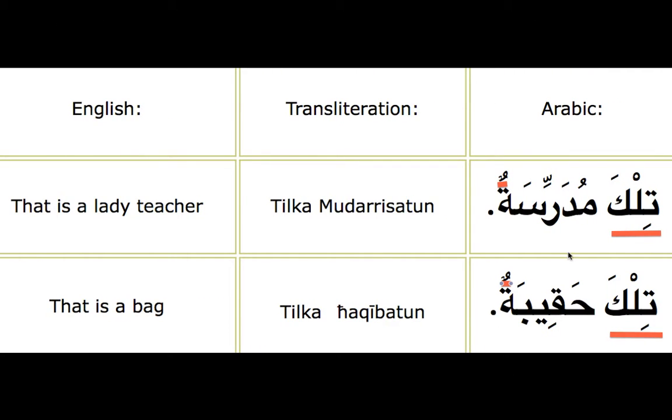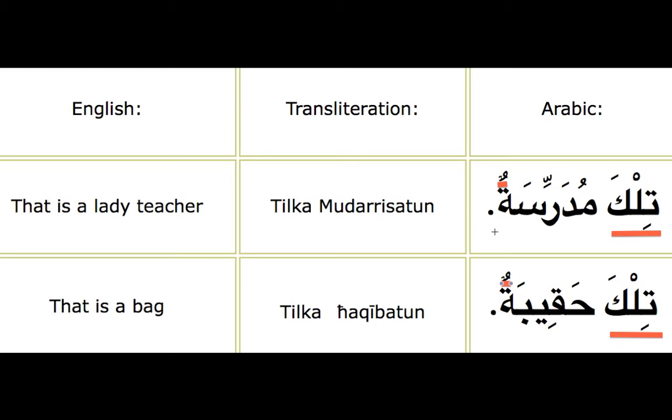Let's do some examples, inshallah. We have tilka mudarrisatun, that is a teacher. Mudarrisatun, the ta marbuta is feminine. This will come as a mubtada, like hada, hadihi, dhalika. Tilka will be the mubtada, and mudarrisatun, an indefinite noun, will be the khabar, and you can see the ta marbuta.